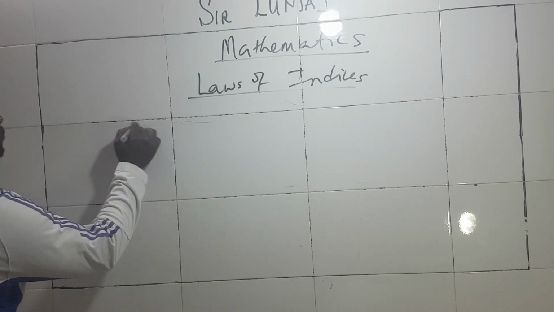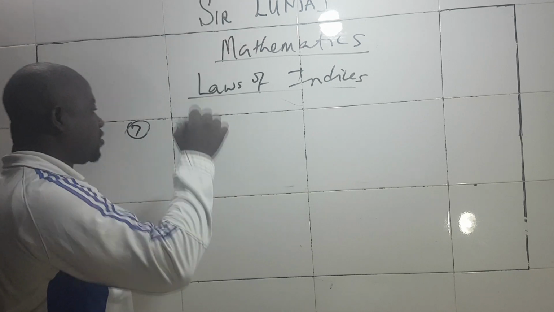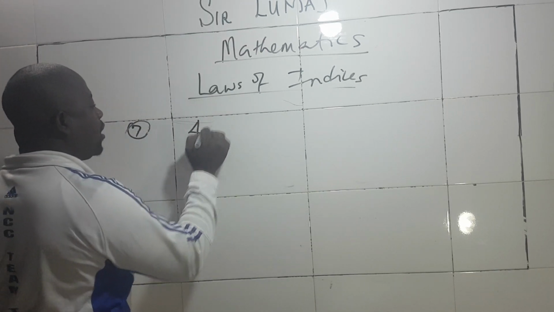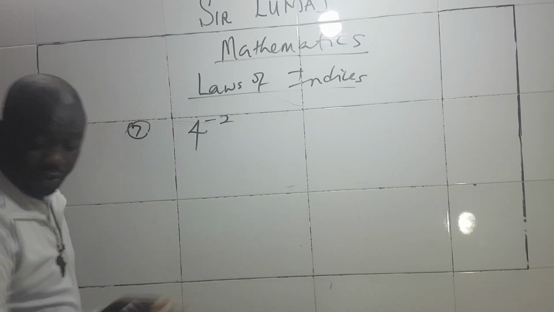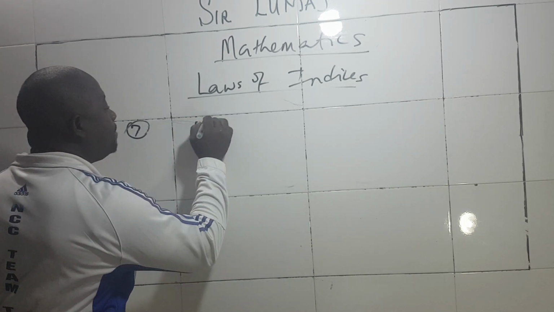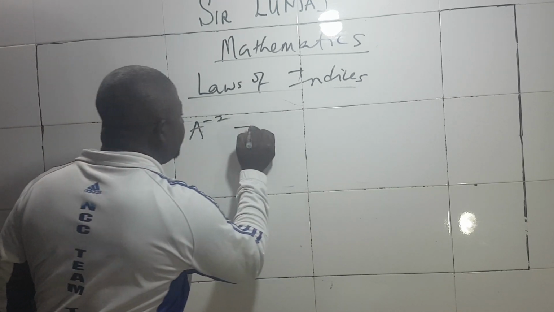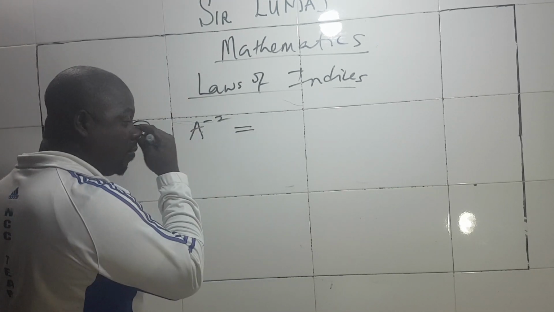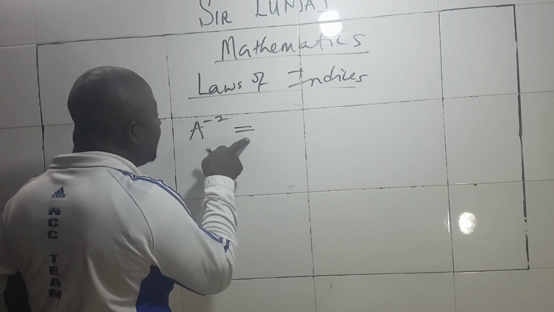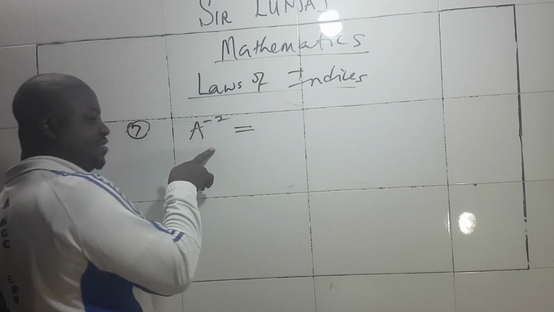Number 7, the inverse. Let's say I have a negative power. Let's say I have 4 raised to power minus 2. Or let me use alphabet, since I've been using alphabet. If I have a raised to power minus 2, the result is that what? The operation is that what? The result will now be an inverse of this.